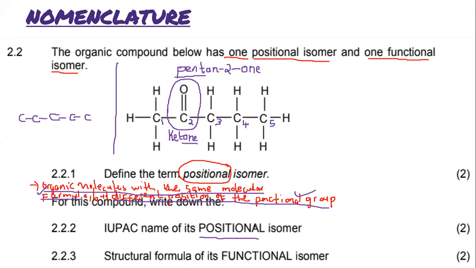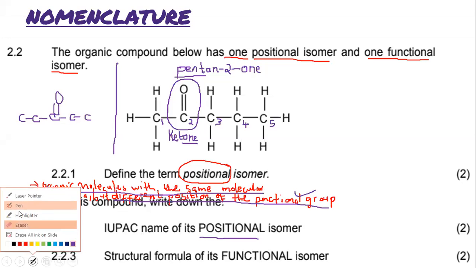It's not the functional group that changes. So in the first instance, the functional group was on carbon 2. So if I want to make a positional isomer, I need to put that functional group at a different position. And let us say I put it now on carbon number 3. Okay, that one does not look nice.